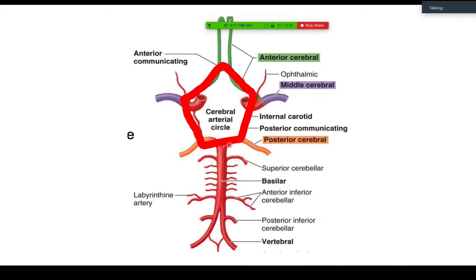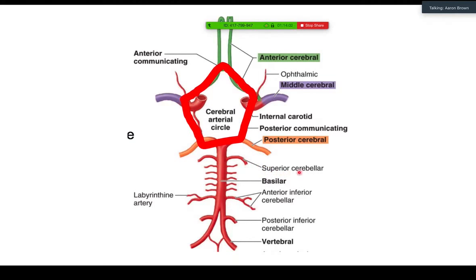The other contribution to the posterior cerebral is our basilar artery, which is an anastomosis of our two vertebral arteries. Our two vertebral arteries move up through our spinal cord and join together into one large artery called the basilar artery, which is going to branch once again, giving us our posterior cerebral. Okay, the basilar artery is important for other things besides just our posterior cerebral.